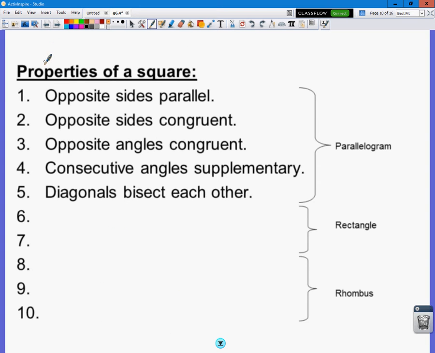Properties of a square. Notice there's nothing new this time. It has all 5 properties of a parallelogram. It has the same 2 properties that a rectangle had. What were our 2 properties for a rectangle? It had 4 right angles. And its diagonals were what?